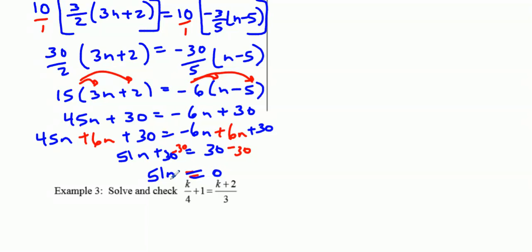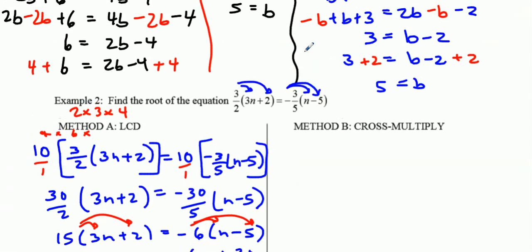And when I divide 51 on both sides, I get that n equals 0 divided by 51, which is just 0. So I'm just going to check that one quickly. So if I put 0 in here, 0 plus 2 is 2, and that side is 3. If I put 0 in here, I get negative 5. Negative 5, I get 3. All right, I'm comfortable with my answer.